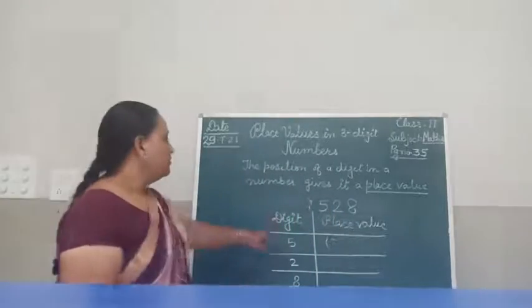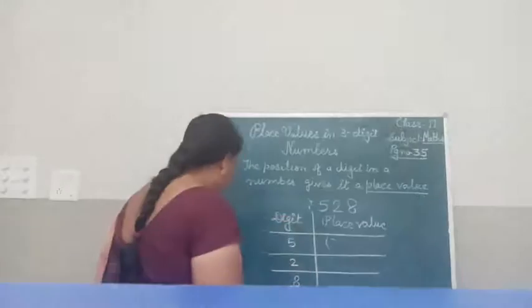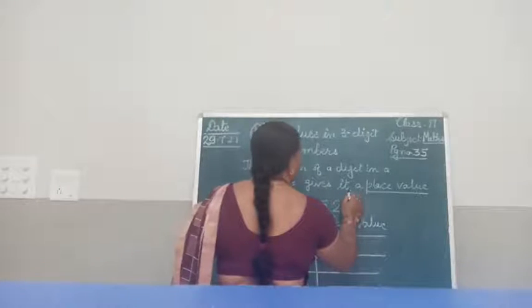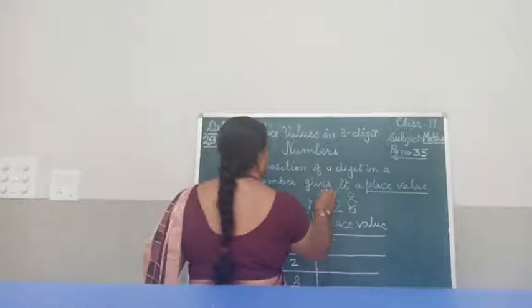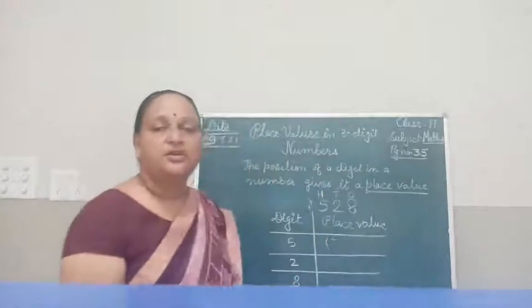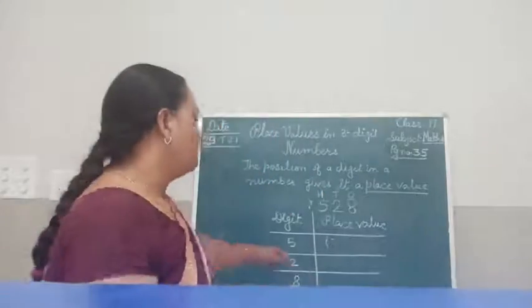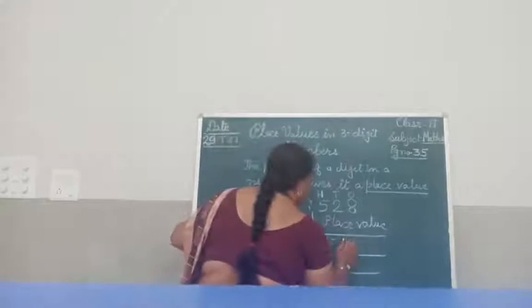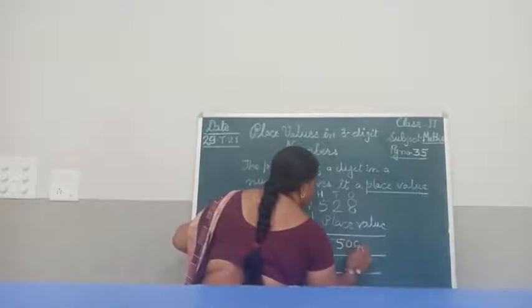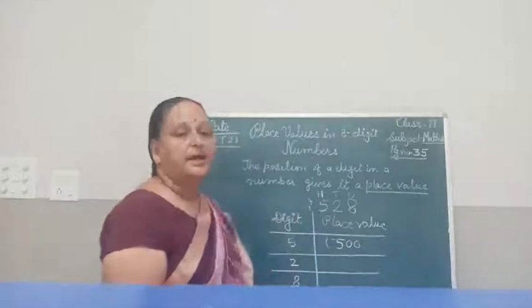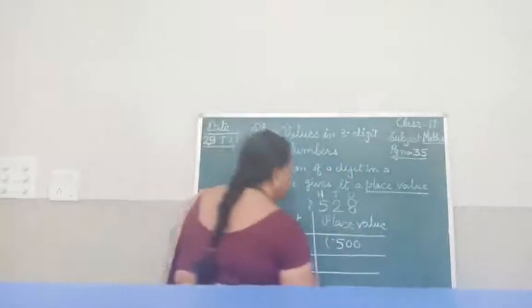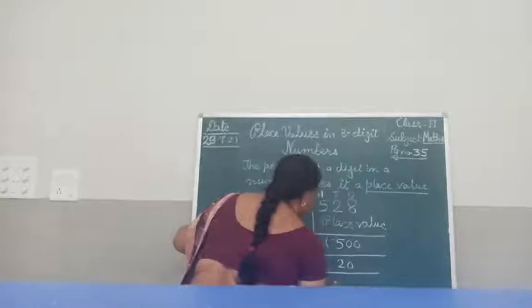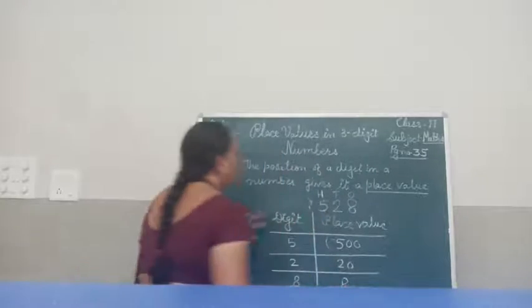How we will write? 5 is on which place? 100's place. O, T, H. 500. Now how many zeros in 10? 10 में कितना जीरो होता है? 1. तो 2 के बाद हम 1 जीरो लगाएंगे. 20 and the 8.